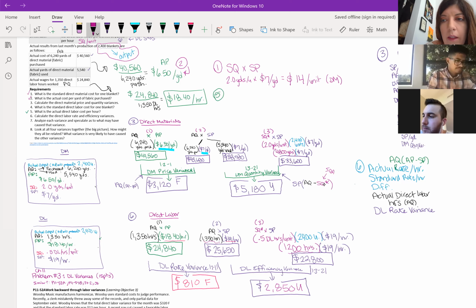And you're going to multiply that times your actual quantity purchased, which was 6,240 yards. And you're only including the numbers, not the yards, okay? So your direct materials price variance is 3,120.